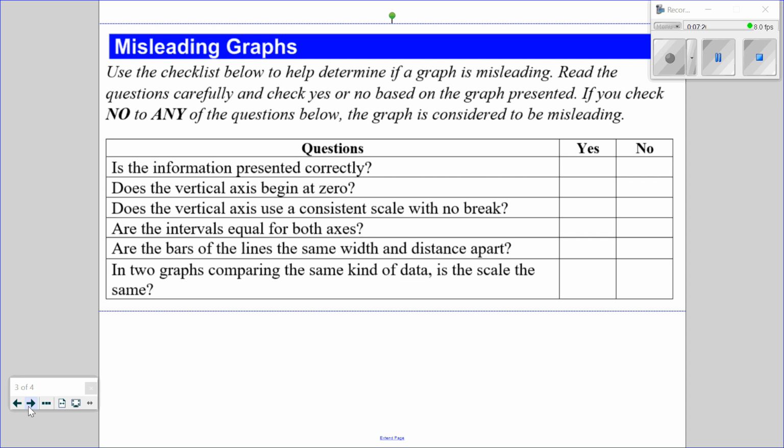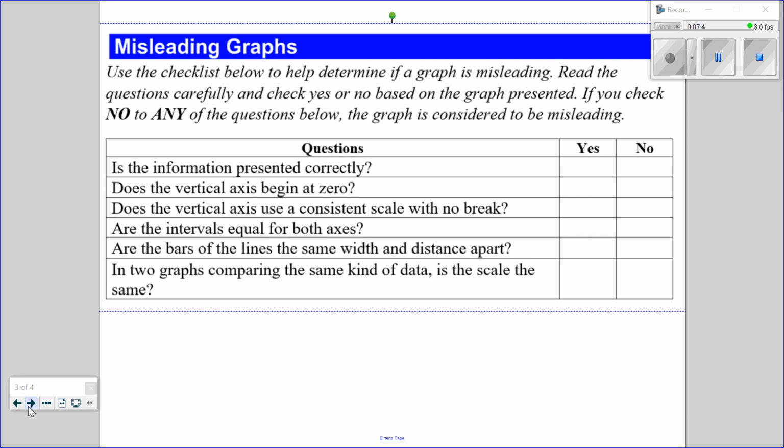So one example, does the vertical axis begin at 0? This is a big one that we see, that they don't start it at 0. And I'm going to show you an example of why that could be misleading. Another thing to look out for is, does the vertical axis use a consistent scale with no break?